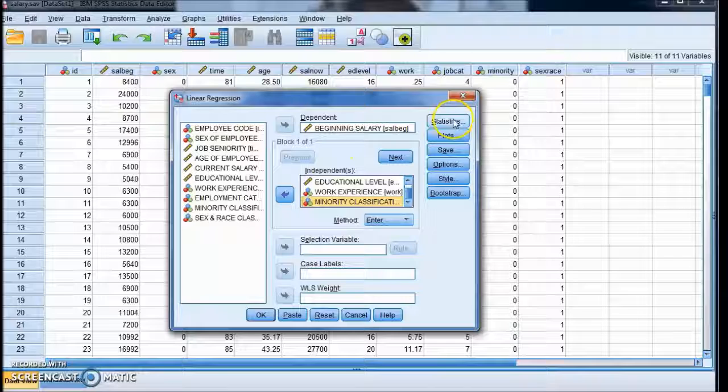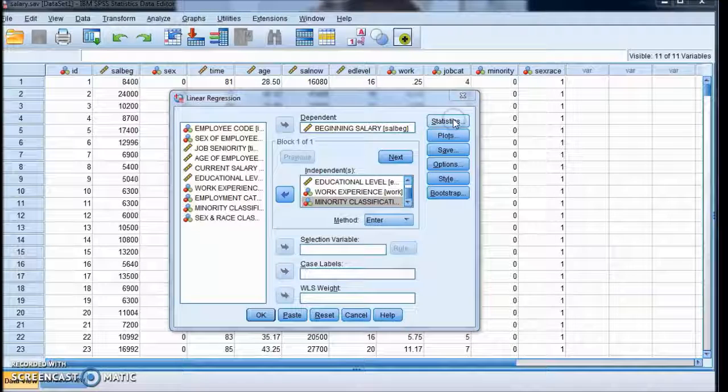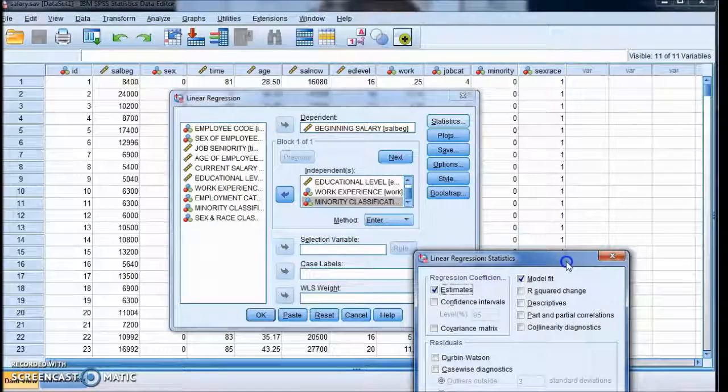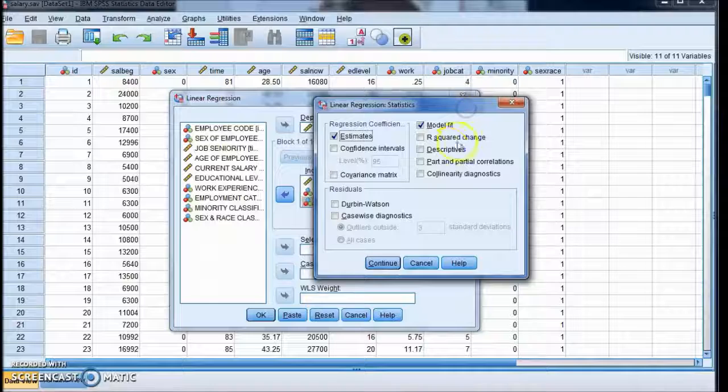Just to show you how I set things up, I went to statistics. Let me pull that into screen. Hold on. There it is. Come on, all the way in, please. I want the regression estimates, confidence level. I'm not going to do that right now. I wanted to make sure that I have a model fit.